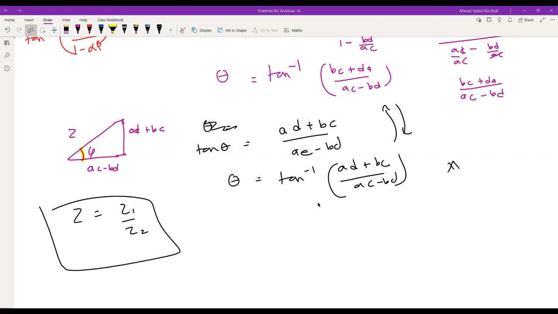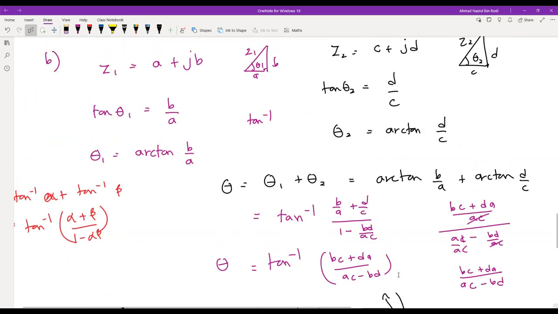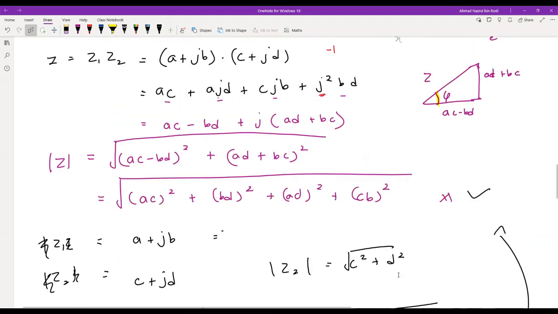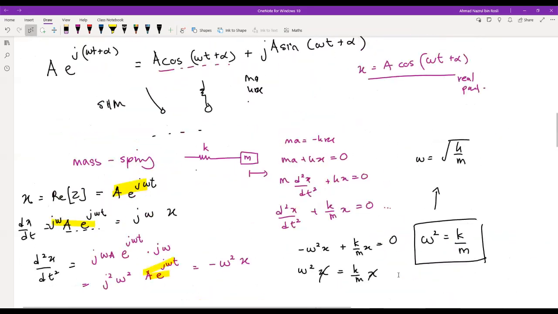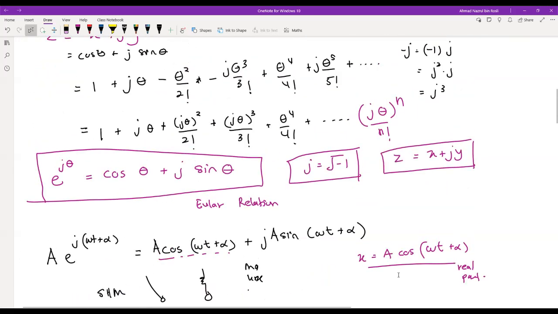For example, in question number 6 of the tutorial, you can see that using the Euler relation, try to prove it. This will complete chapter 1, and you need to know how to convert from exponential j theta to cosine theta. I already showed it here.